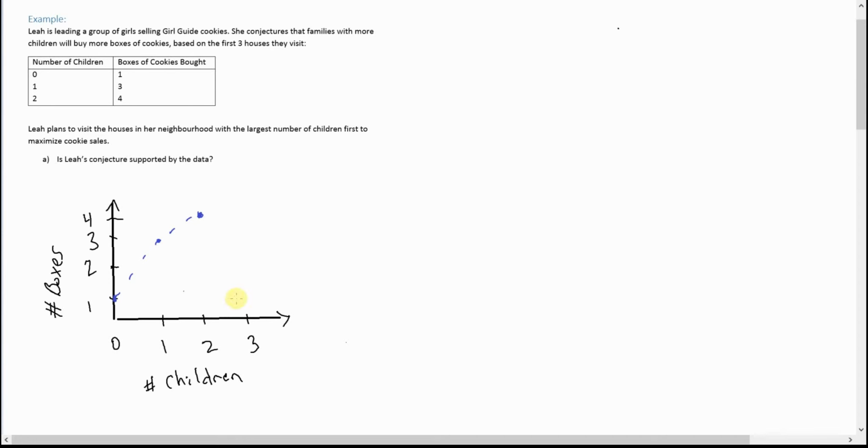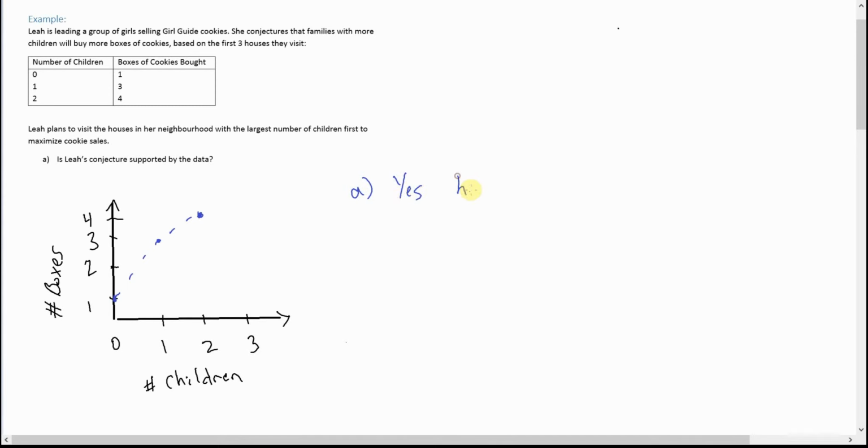Okay, so it appears that as the number of children are increasing, the number of boxes bought is also increasing. So there is a relationship here. However, is this enough evidence? They've only visited 3 people and they've based this entire conjecture on that. It is not enough evidence. So to answer the question, is Leia's conjecture supported by the data?